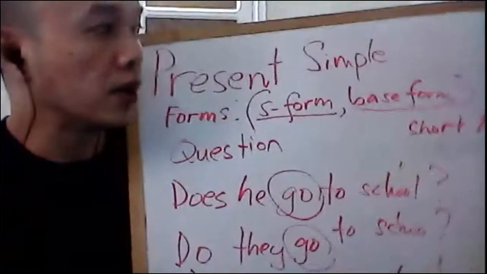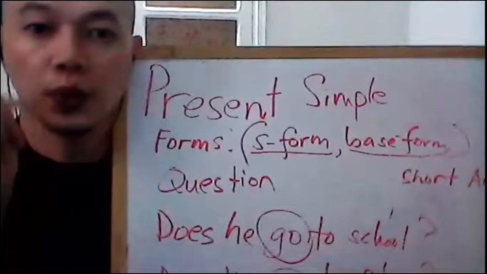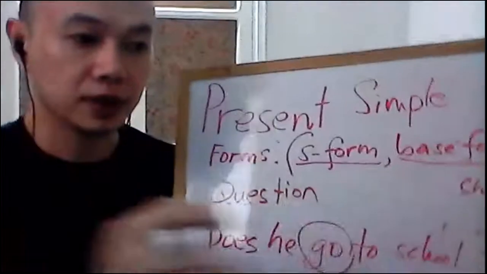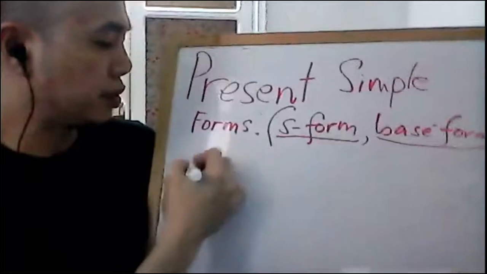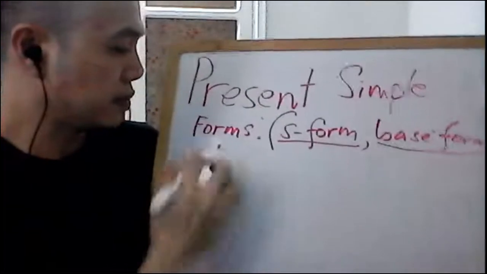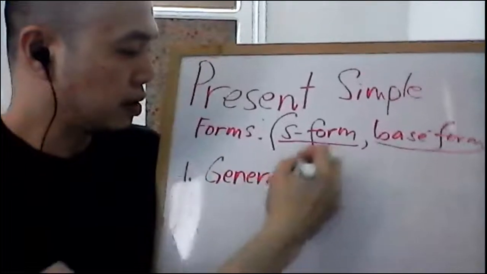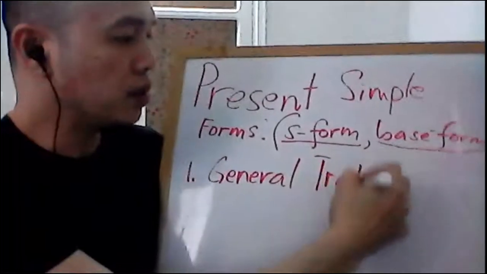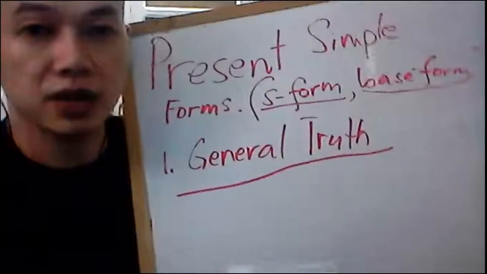All right. Now, why do we use present simple? We use present simple, okay, for two things. One is general truth. When you want to state something that is a general truth, then you use the present simple.